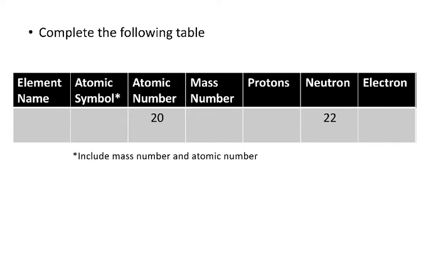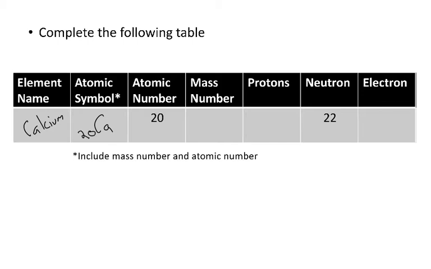Okay, so in this example, now they've given me the atomic number, so I can go find atomic number 20. Take a second and find that on your periodic table. Okay, 20 is calcium. Go ahead and put a Ca in here. I can put the atomic number down where it goes in the atomic symbol.